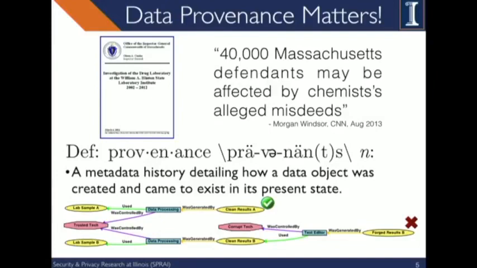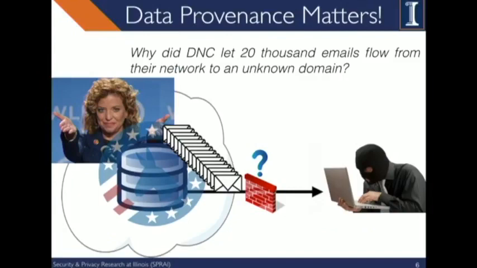So if we'd had this data provenance in the case of the drug testing facility, we would have been able to say, convictions based on results A are still legitimate, whereas those with results B need to be brought back into court.